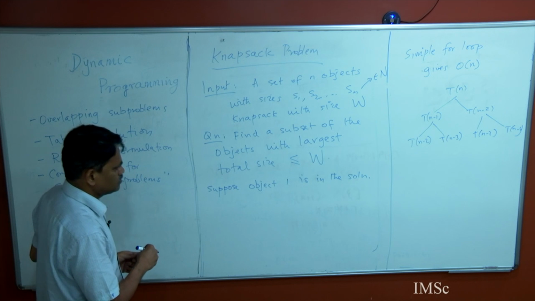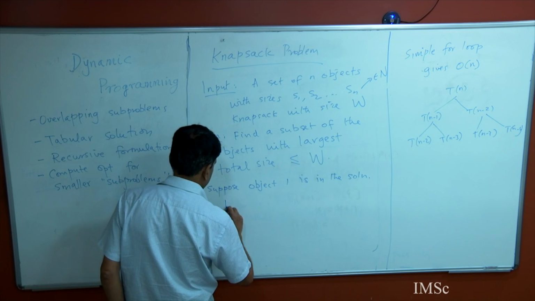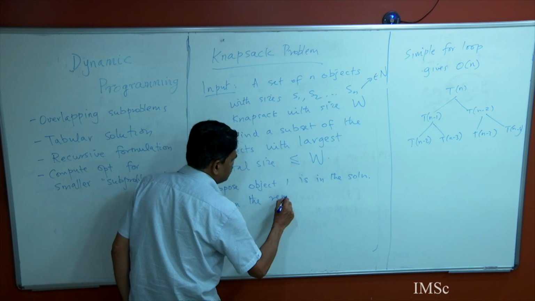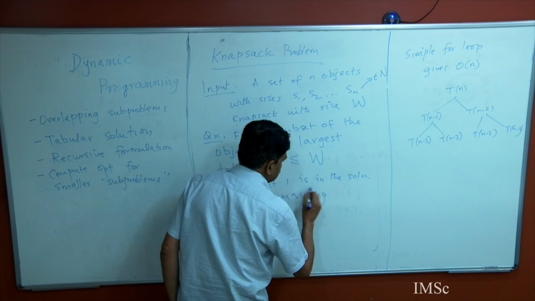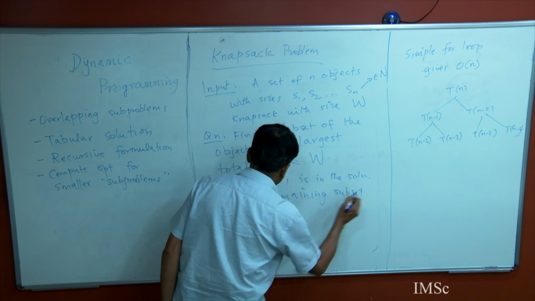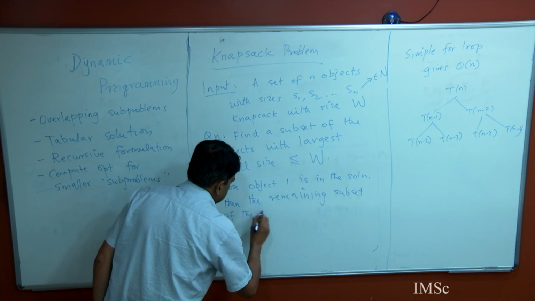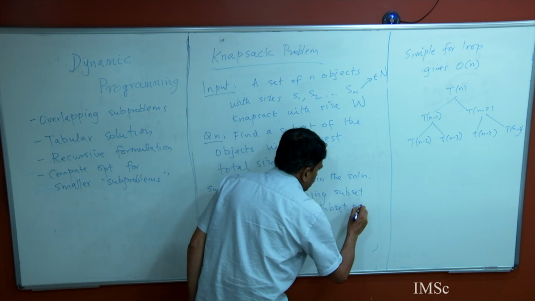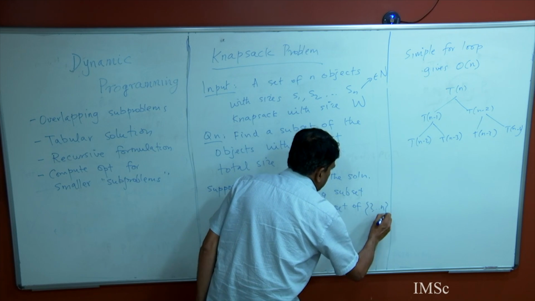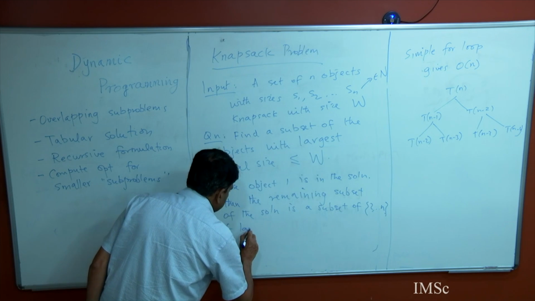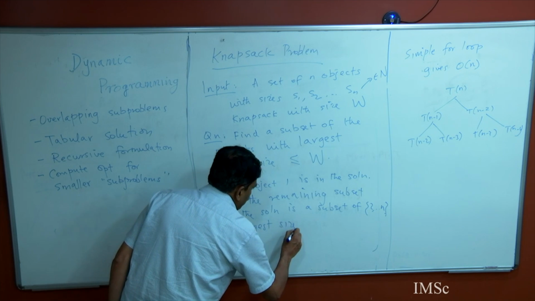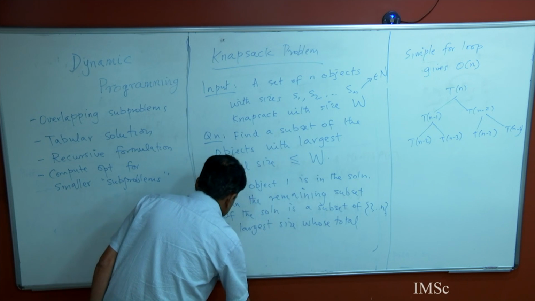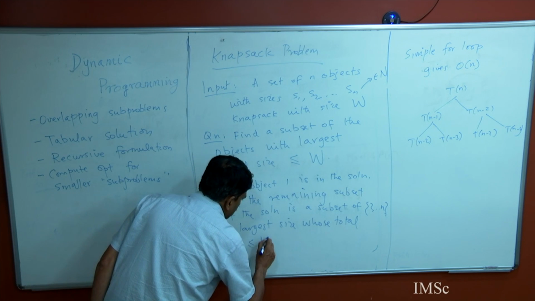So then let me write the remaining subset of the solution is a subset of 2 to n of largest size whose total size is at most W minus S1.